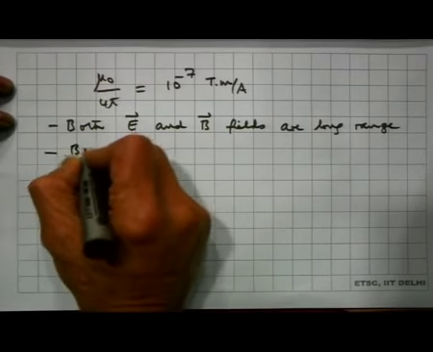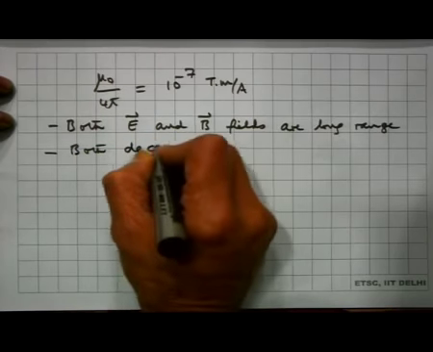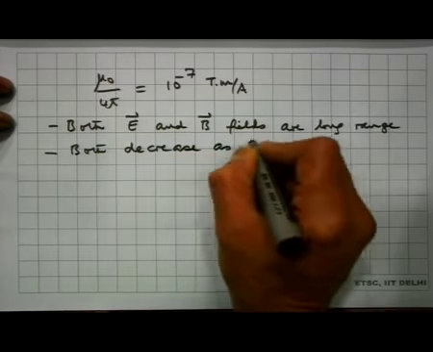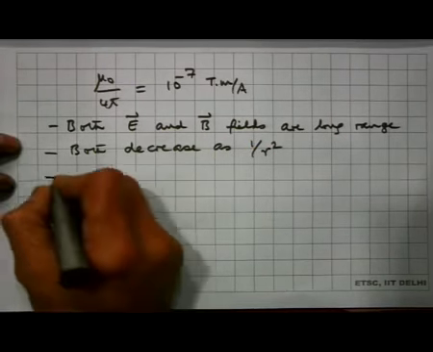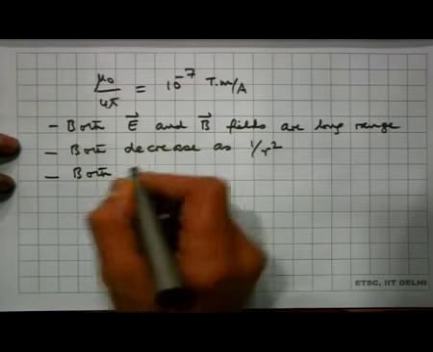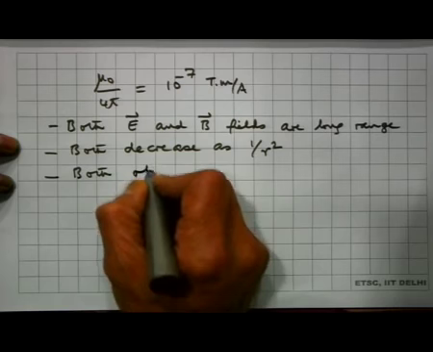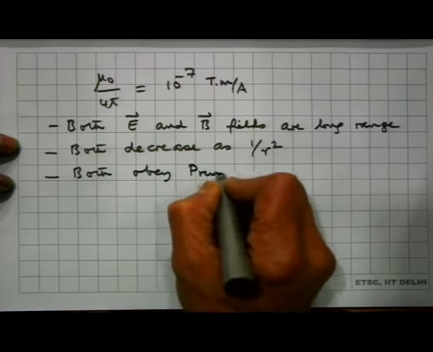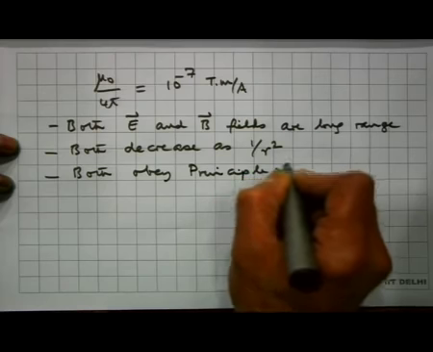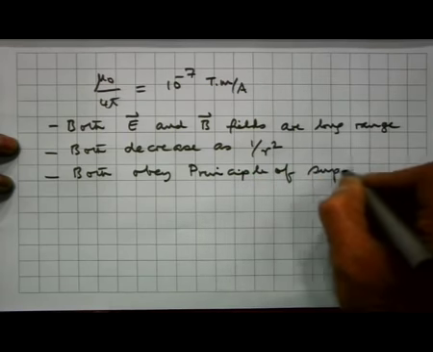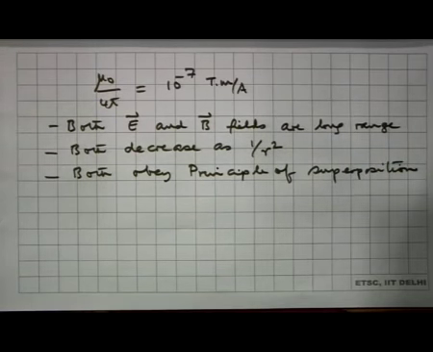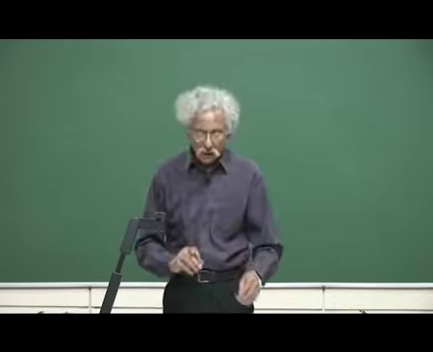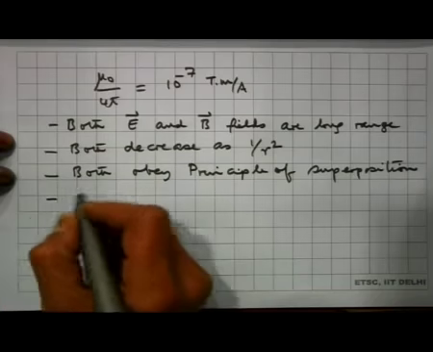Both of them decrease as 1 by r square. Both of them satisfy an inverse square law. Both obey the principle of superposition, which means that if you have two current elements producing two magnetic fields at a point, then the total magnetic field in the presence of both current elements is the sum of the magnetic fields produced by each individual current element.